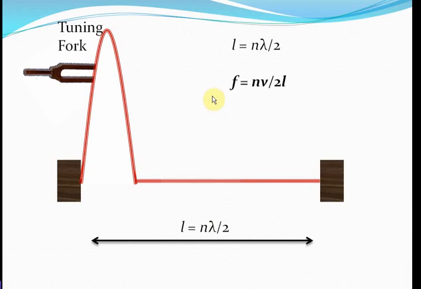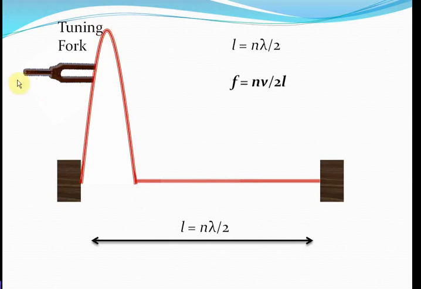We can make a general statement, and the statement is that resonance is achieved between any two vibrations when the frequency of one vibration is equal to the natural frequency of vibration of the other. So we can say that resonance is achieved between two objects when the vibration frequency in one object is equal to the natural frequency of vibration in another object.